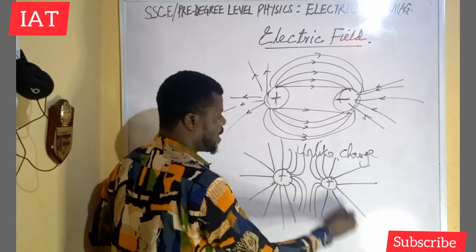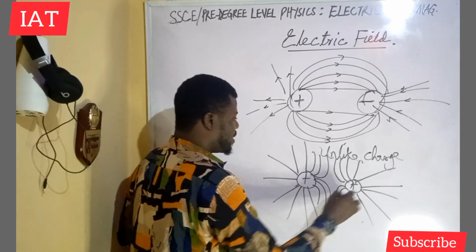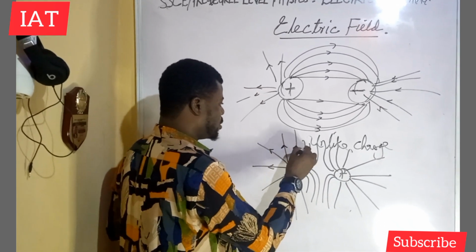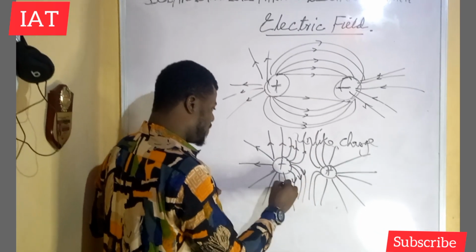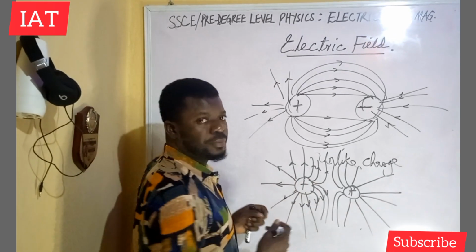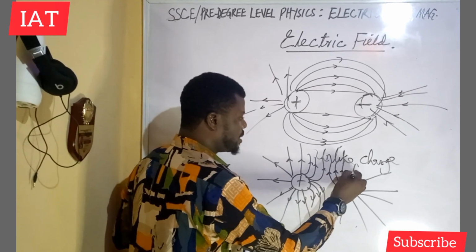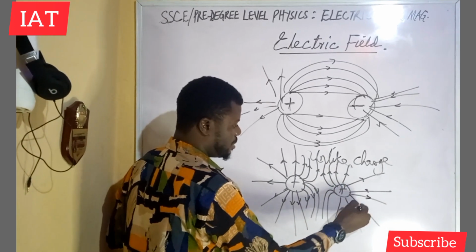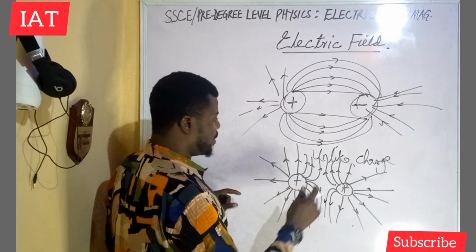Like in this case, we're having positive, positive. You observe that at this point, the two charges will be repelling from each other. What do we mean by repulsion? It means they will be moving away from each other. Whether they are positive, positive, or negative, negative, the effect is that they are going to be separated.